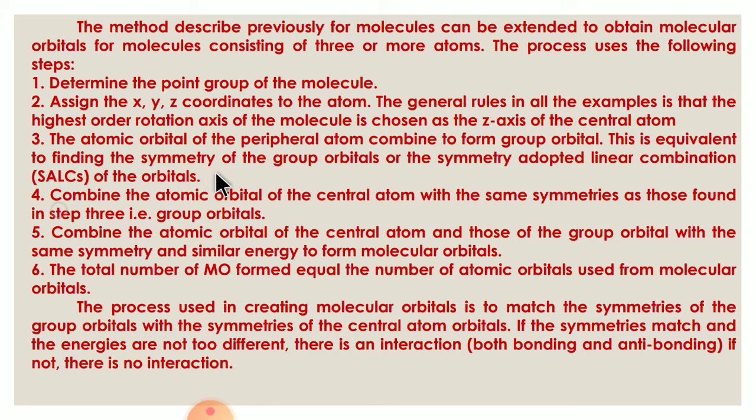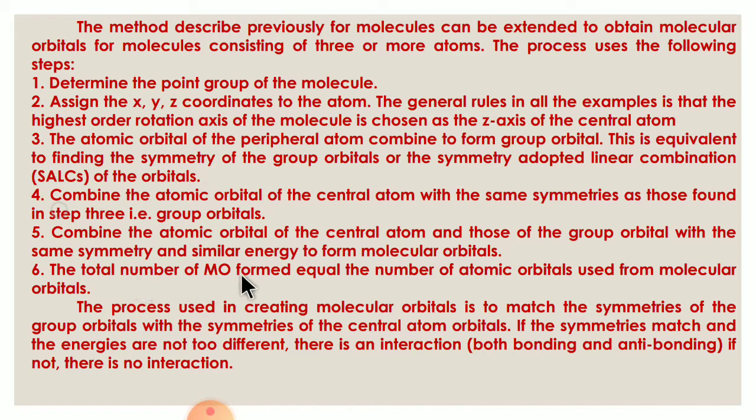The example for this point is the H3 molecule, where the peripheral hydrogen atoms combine to form ligand group orbitals and they further combine with the central hydrogen atom. Combine the atomic orbitals of the central atom with the same symmetries as those found in step 3, that is the group orbitals. Combine the atomic orbitals of the central atom and those of the group orbitals with the same symmetry and similar energy to form molecular orbitals.